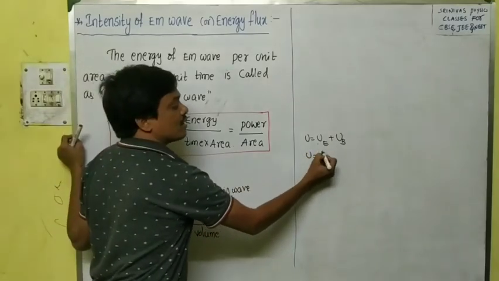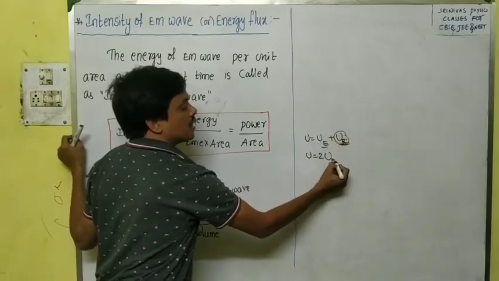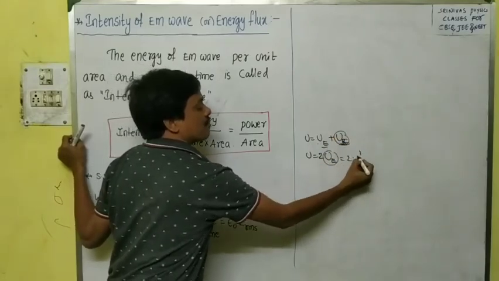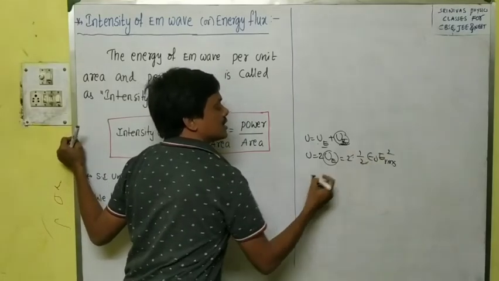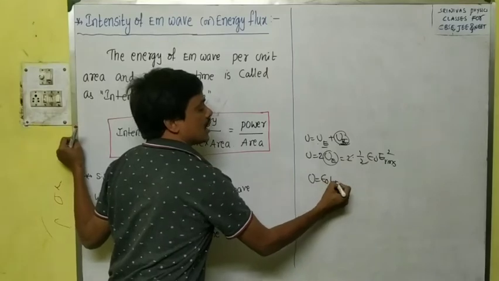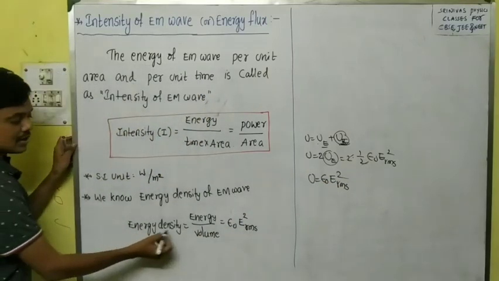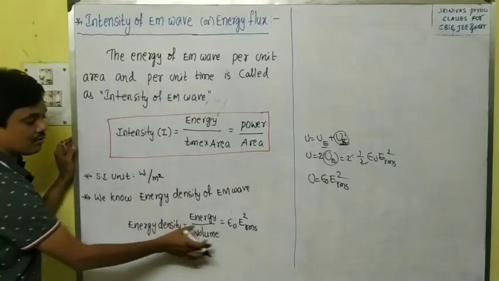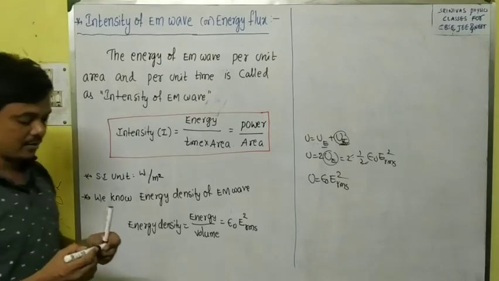These two are equal, so UB we write as UE, then we get 2 UE. But the energy density in the electric field is half epsilon naught ERMS square, then the 2 cancels, and you will get U is epsilon naught ERMS square, right? Energy density of EM wave is energy by volume, and its formula is epsilon naught ERMS square.